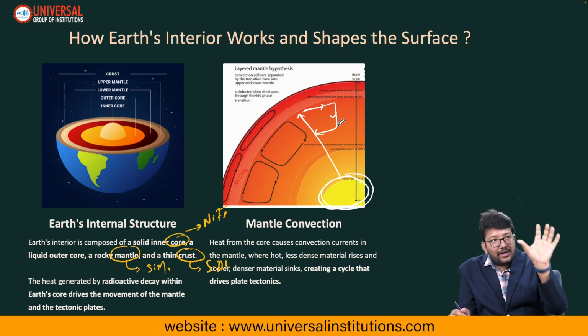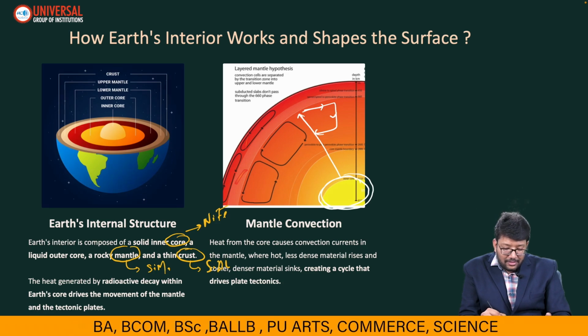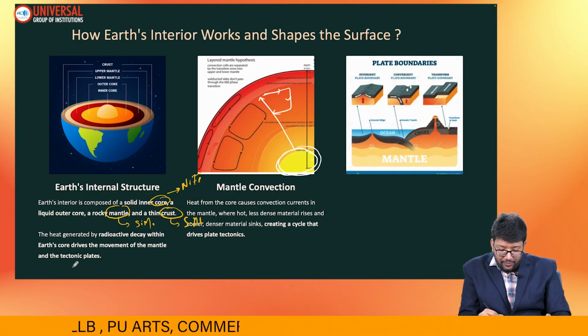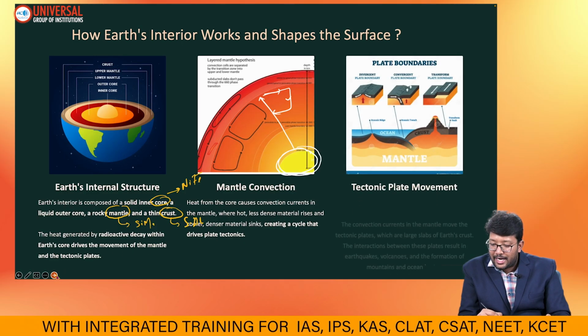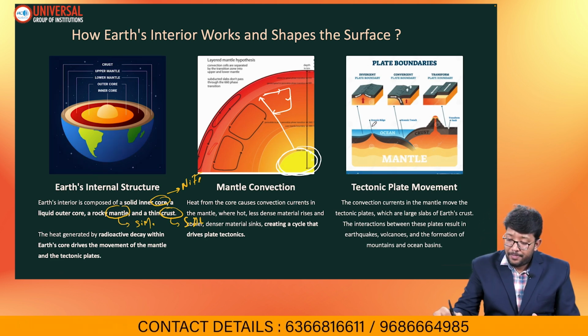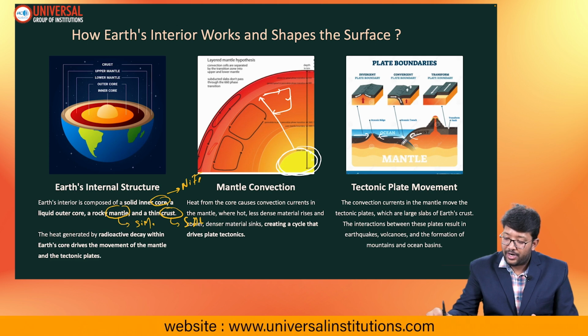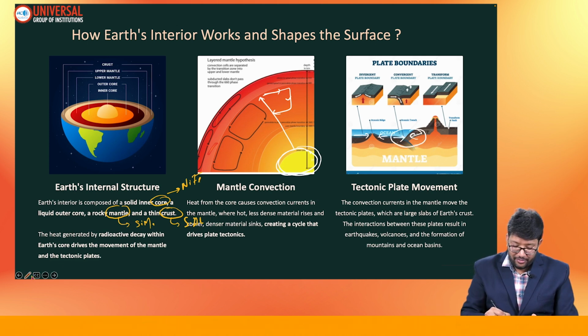First the interior was made, then the mantle convection, and third were our plate boundaries, or we can say plate tectonics. Tectonic plate movements: when two plates are colliding with each other, that is called a convergent boundary.